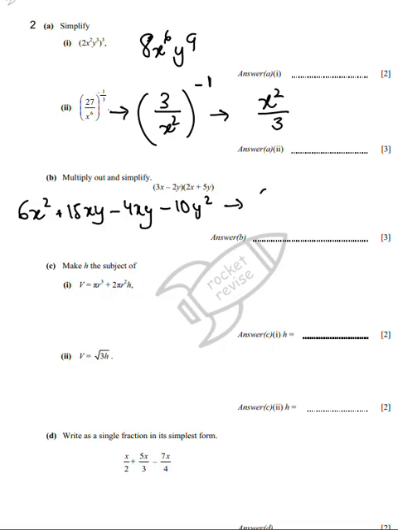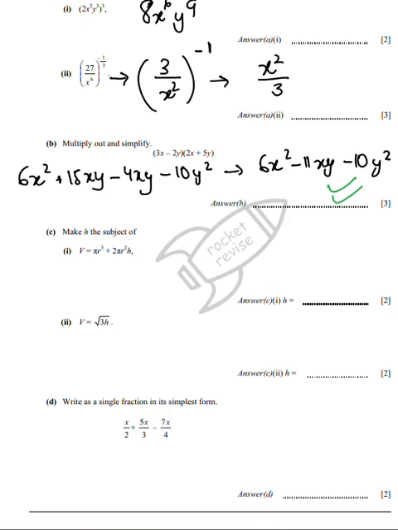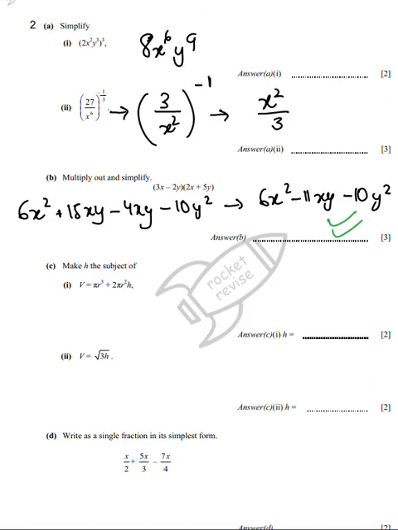The final answer will be 6x squared minus 11xy minus 10y squared. Great. This is the final answer. I will be helping you in solving these questions, so it's not some sort of a test.